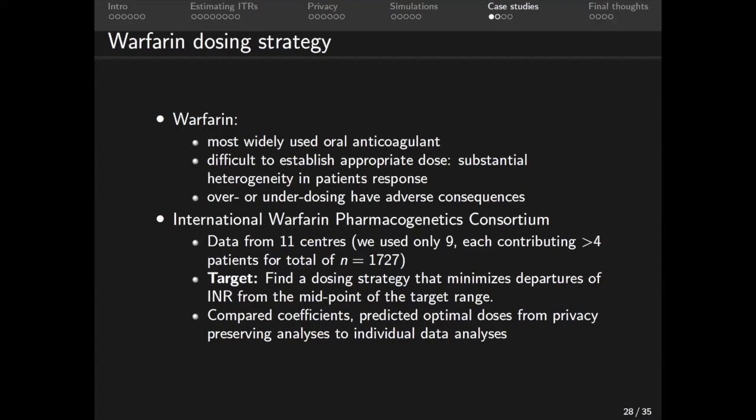We start off with one where we have a continuous treatment, so warfarin dosing. Warfarin is one of the most widely used anticoagulants. It's very well understood. Even though it's been around forever and it's really well understood, it's actually really hard to establish good dosing. There is substantial variability in how patients respond. Some of it is genetic. There are a few genetic markers that are known to affect coagulation.